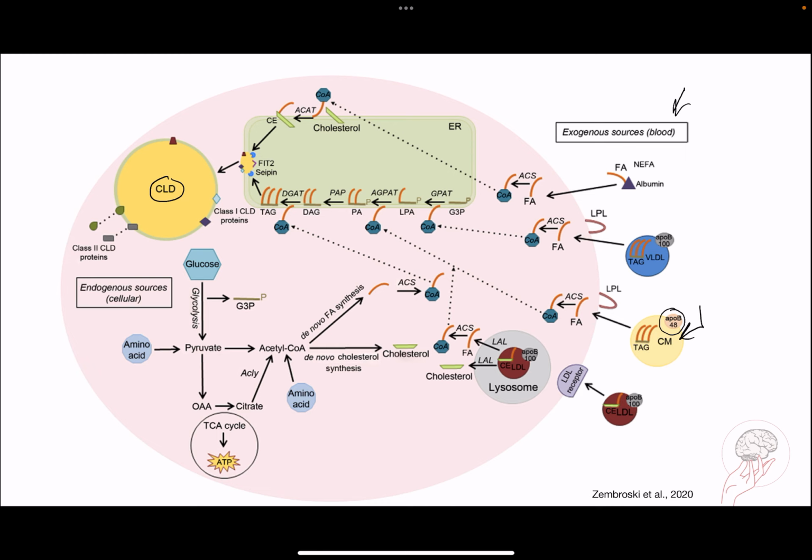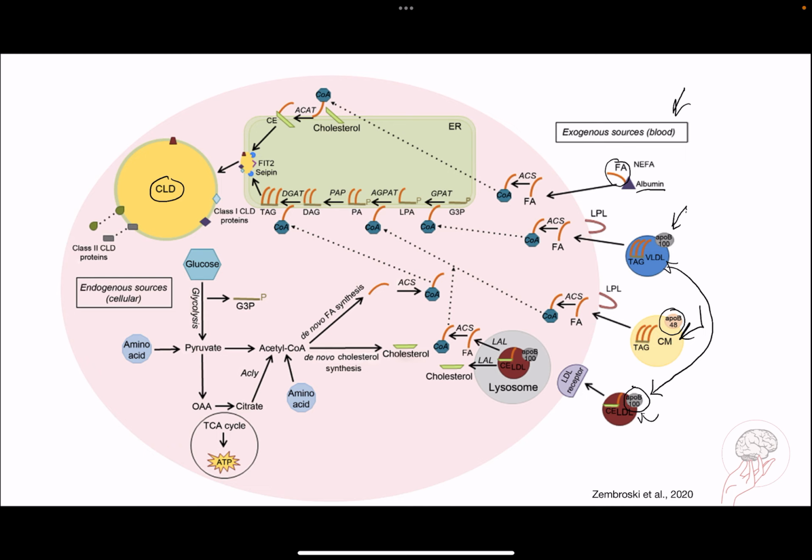We can get cholesterols through our LDLs and ApoB100. We can get some triglycerides from very low density lipoproteins, and so as this is donating triglycerides, it's becoming a low density lipoprotein. And albumin also will carry free fatty acids, not triglycerides, just free fatty acids.